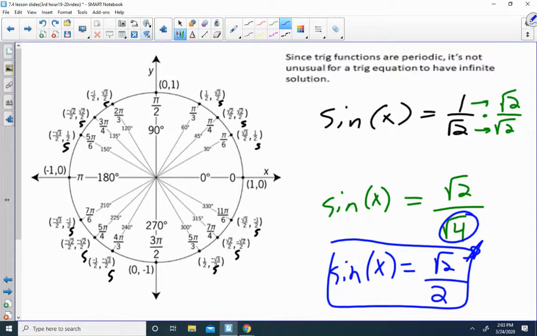Okay, Miss Shulin, now I see where you're coming from. There's what I'm looking for. So sine is going to be root 2 over 2 at pi over 4, and then over here at 3 pi over 4. And if you look at all the others, nope, those are the only 2 that work.